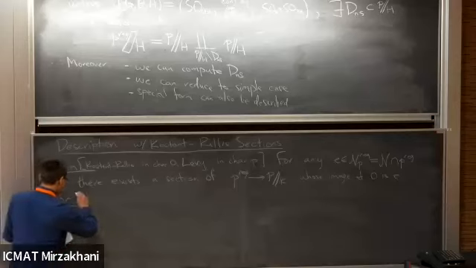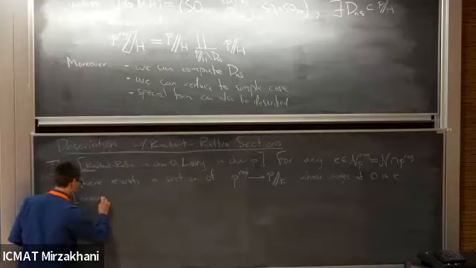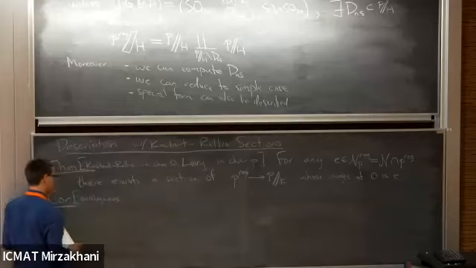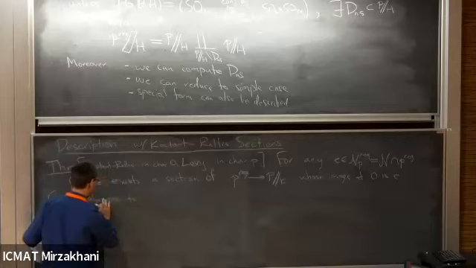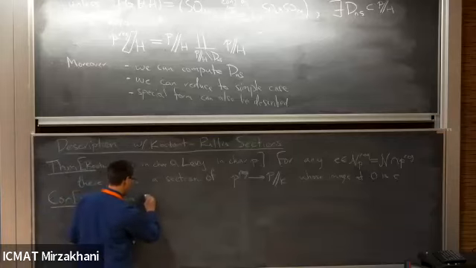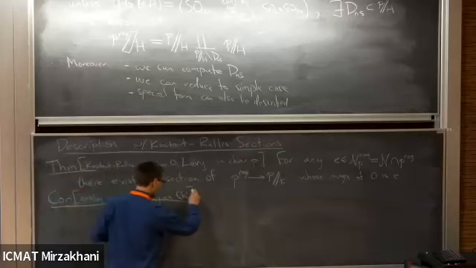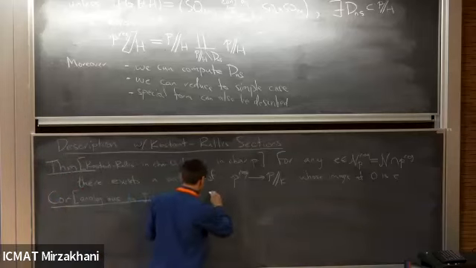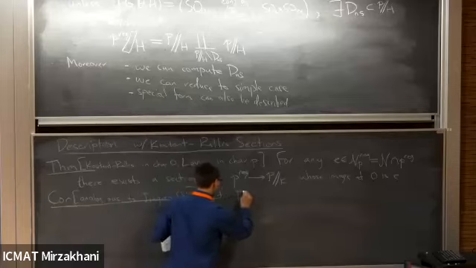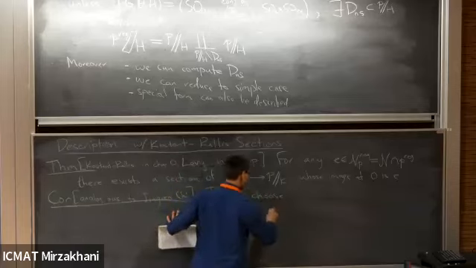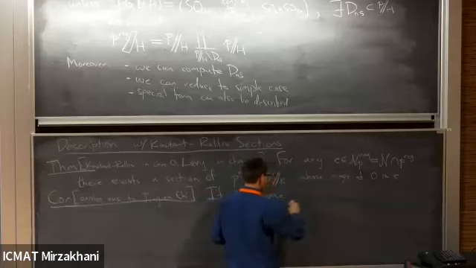So this is analogous to an argument of Jingren Chi, which will give us that if I choose some sections, I'm going to use notation a little bit.